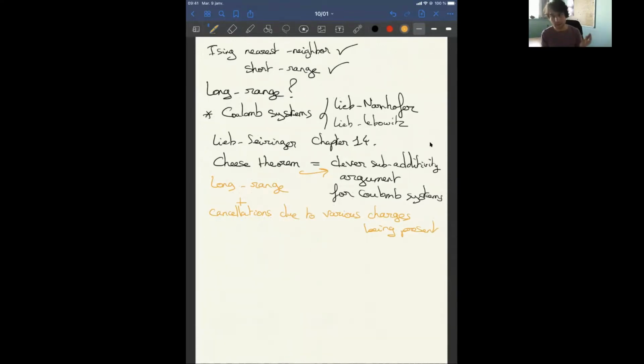Even if the interaction is long range, the statistical mechanics is not doomed to fail, because maybe the interaction is long range, but if you have both attractions and repulsions within the system, the terms might cancel out and you still get something that's tractable in the end. And that's what happens with electrostatics in real matter. You have electrons and you have protons, and the interactions due to both charges sort of cancel out.